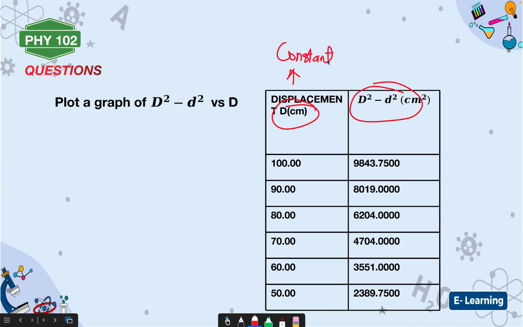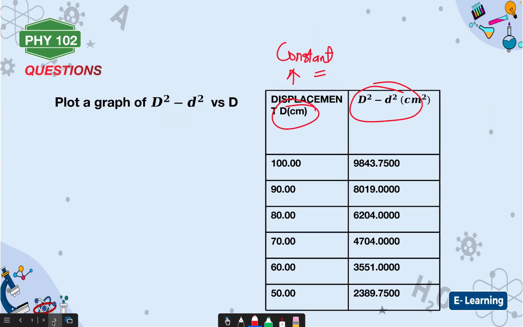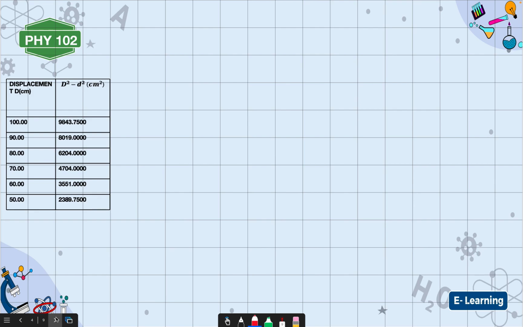For each of the practicals, what you were moving was the position of the lens, which was P1 and P2. And the difference between P1 and P2 is what was given as what? This small letter d. Understood? Exactly. So we are to plot a graph of D squared minus d squared versus D. So this is what you have here.